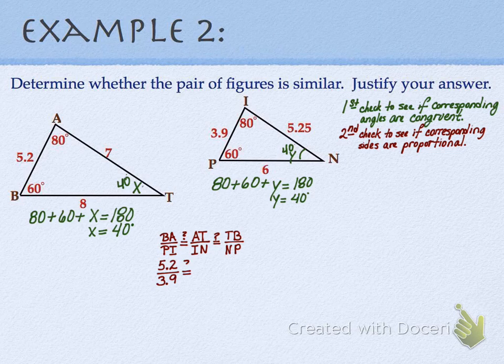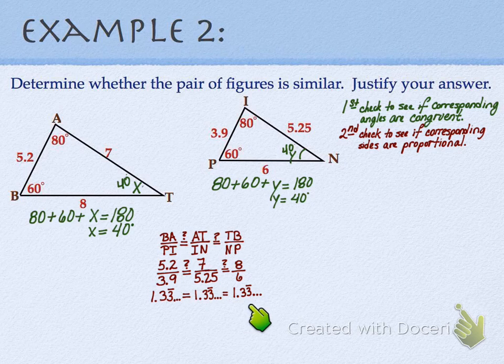So I'm going to fill those in, and then I grab that handy dandy calculator, and I divide 5.2 by 3.1, and 7.7 by 5.25, and 8 by 6. And what happens is that we end up with 1.3 repeating for each one of those.